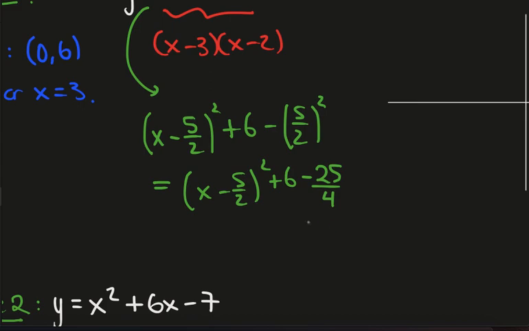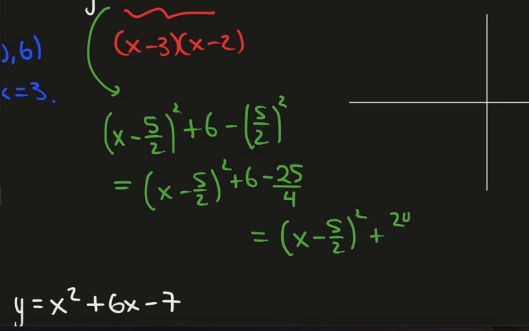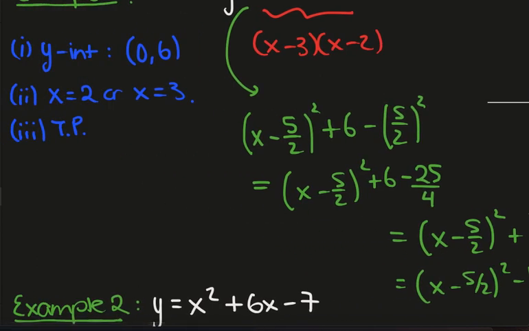We'll write this as x minus 5 over 2 squared plus 24 over 4 minus 25 over 4. And so what we end up with is x minus 5 over 2 squared minus 1 over 4. In particular, we see the turning point occurs at 5 on 2, comma, minus 1 on 4. So we'll have 5 on 2, comma, minus 1 on 4.